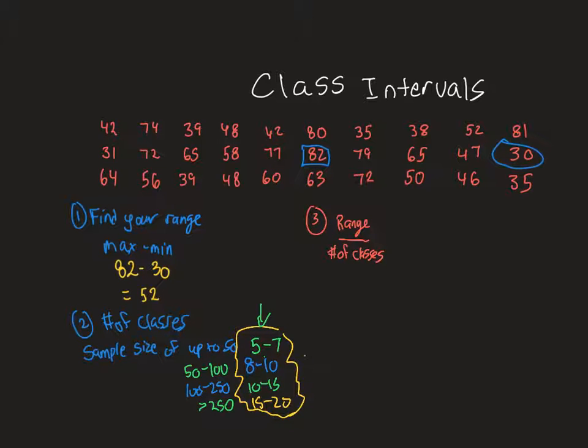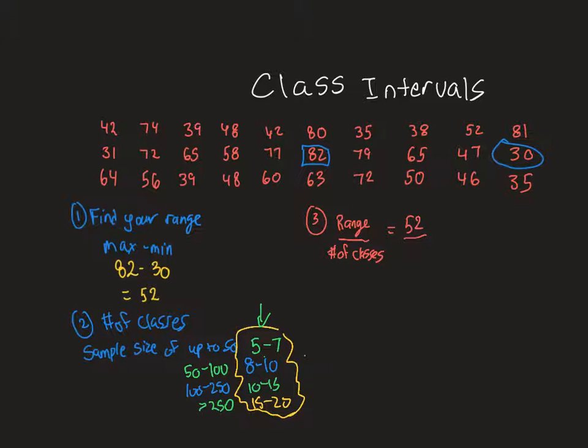And it's really up to you to determine what number of classes you want to do. In this case, I'm probably going to go with 6 or 5. If you see here, the range is 52. So you can go with 5, you can go with 6, you can go with 7. Use your gut here. Just want to make sure that you're showing the important pieces of data.